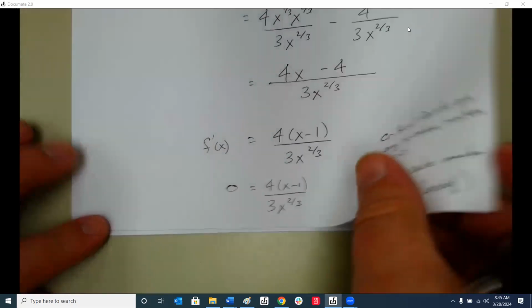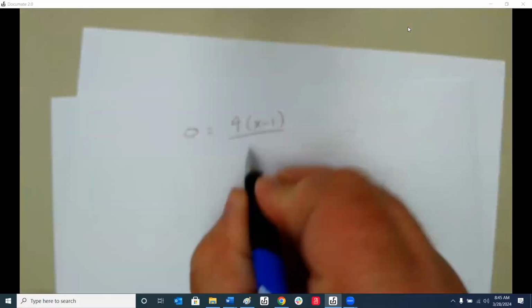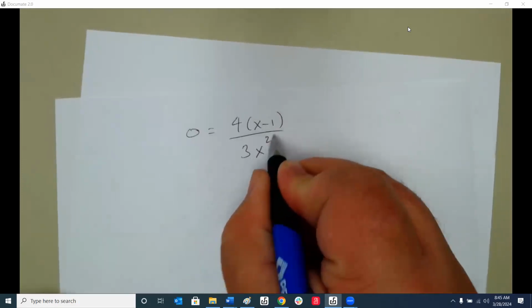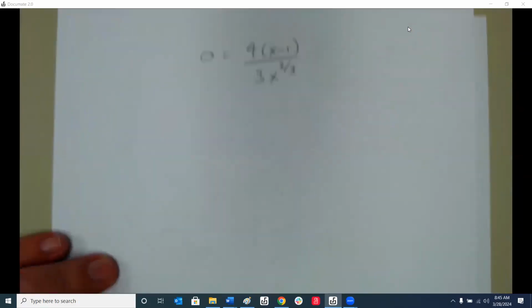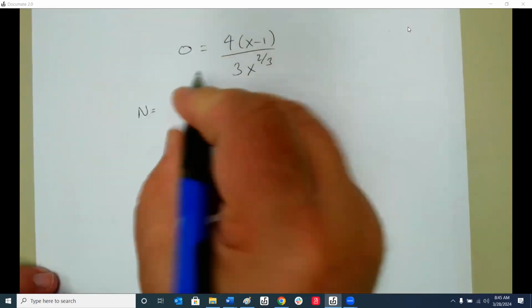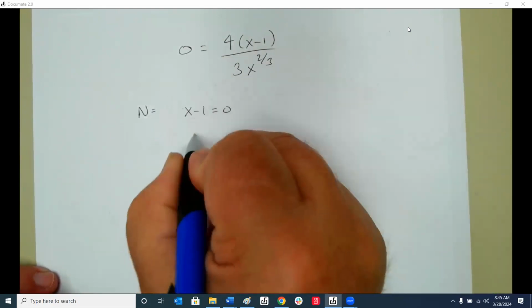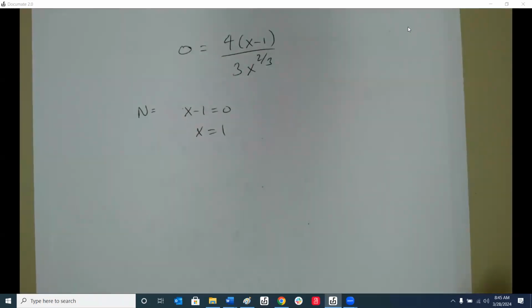So we have 0 equals 4 times x minus 1 over 3x to the 2/3. So the numerator, we have x minus 1 equals 0, x equals 1.